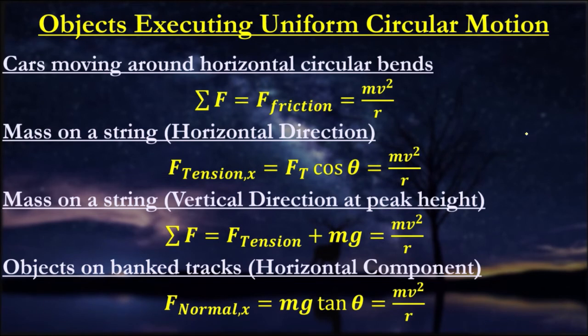Okay, so we've gone through quite a lot of different scenarios. We've gone through how cars move around a horizontal circular bend or circular spin. So that's the formula we can look at. The centripetal force is due to the static friction. Remember, this was the static friction of the road.